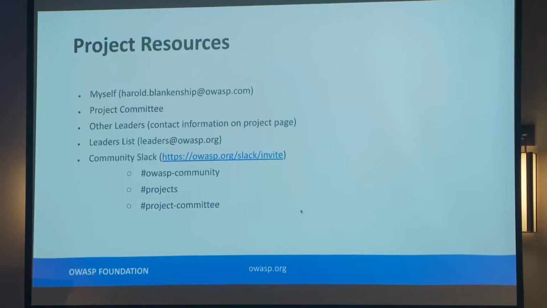And that's a good place to go find leaders as well as their contact information. Or better, and this is the best place to go, is the community Slack. I put the invite link up there for you. Top channels for that are your OWASP community channel, your projects channel, and your project committee channel. And they are happy to help in all instances.